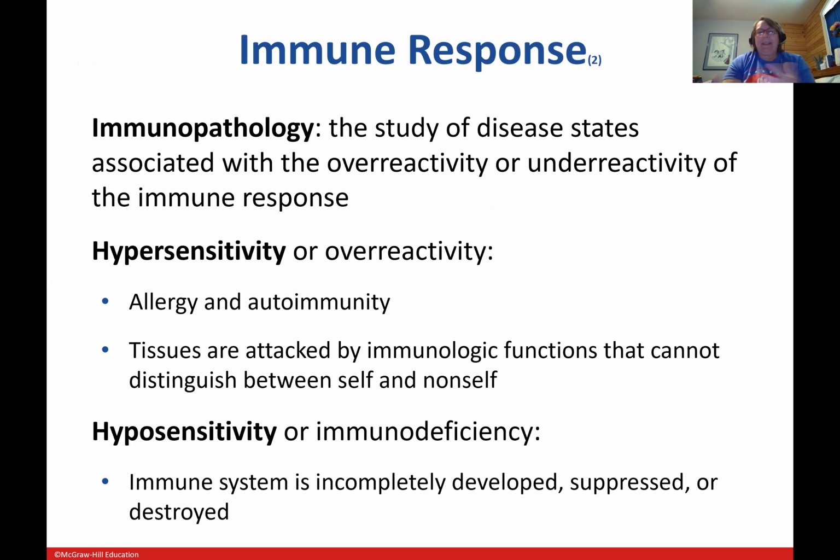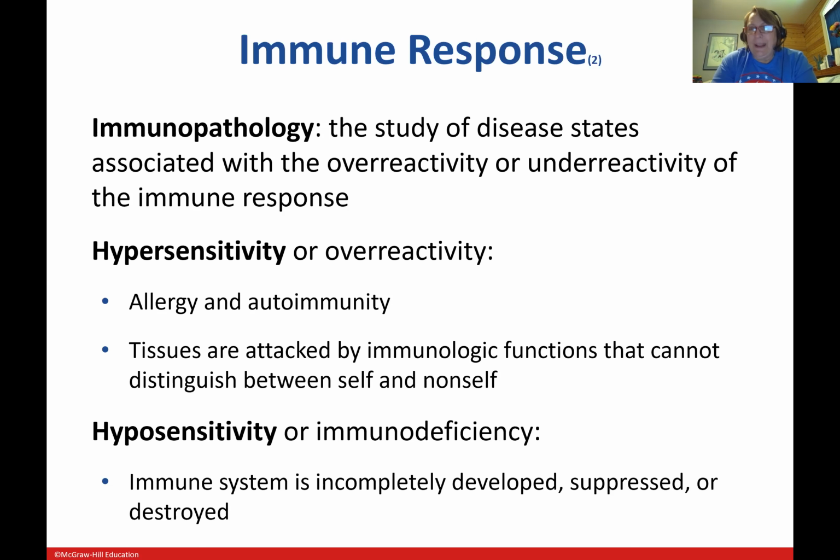And typically that would be an allergy or an autoimmune type of disease, where tissues are attacked or tissues overrespond to normal immunologic functions that have lost the ability to distinguish between self and non-self in the case of autoimmunity, or something that's dangerous versus something that isn't, as in the case of allergy. So pollen, by and large, is not dangerous, but if you have hay fever, your body doesn't know that anymore.